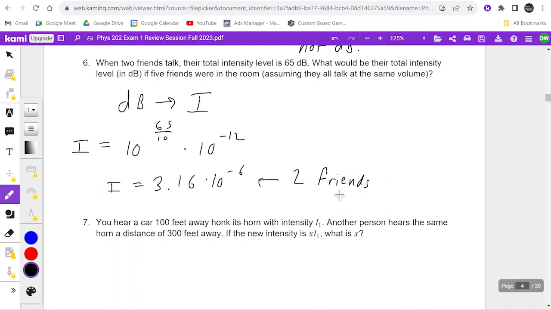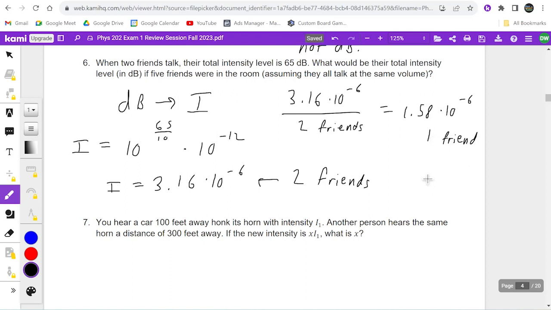So if I want to find the intensity for 5 friends, here's what I would do. First, take my intensity, 3.16 times 10 to the minus 6, divide it by your 2 friends, and that's going to give you an answer of 1.58 times 10 to the minus 6. And now you have the intensity for 1 friend.